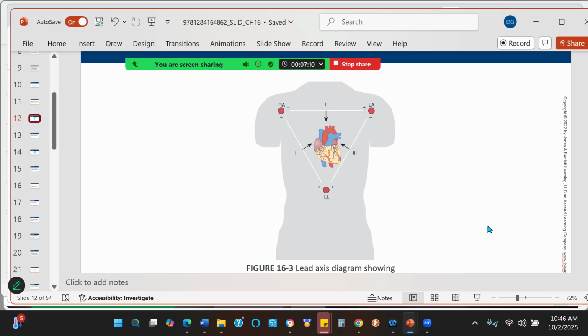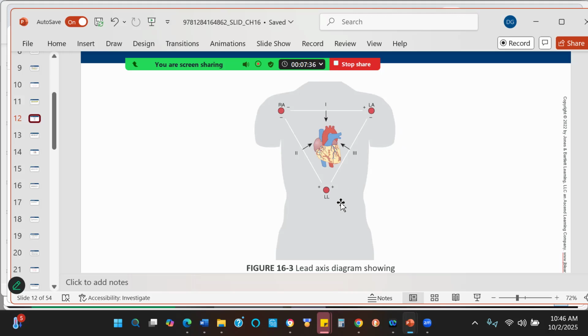That's what's called Einthoven's triangle. The right arm is a negative electrode. The left leg is a positive electrode, and the left arm can be either, depending upon which lead we're measuring. So lead 1 goes from right arm to left arm. Lead 2 goes from right arm to left leg, and lead 3 goes from left leg to left arm.